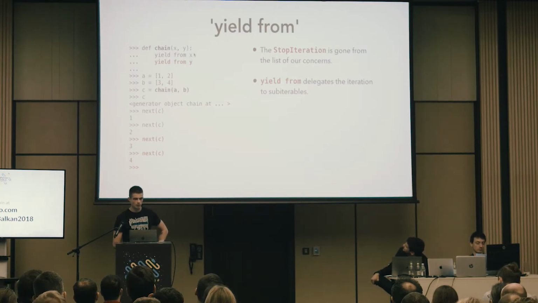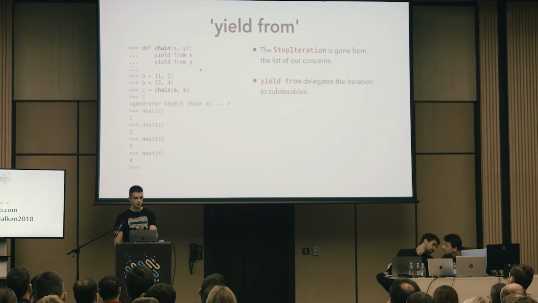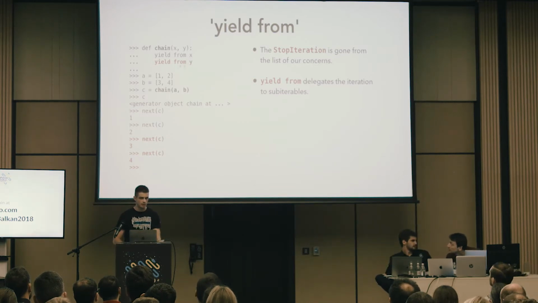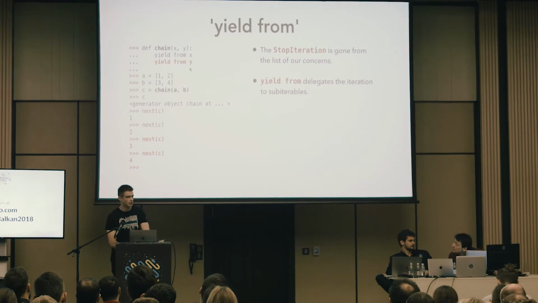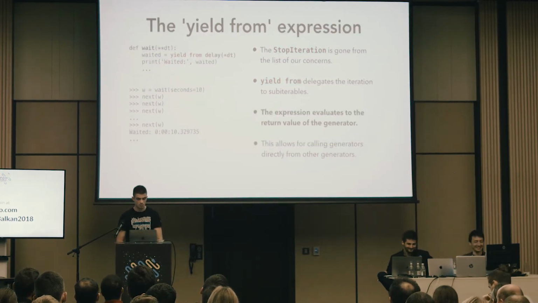And then I move on in the function body. So then when I call next, I'm calling it on this y, and so on and so forth. And if you use a generator here, this whole expression evaluates as the return value. It's really that simple.